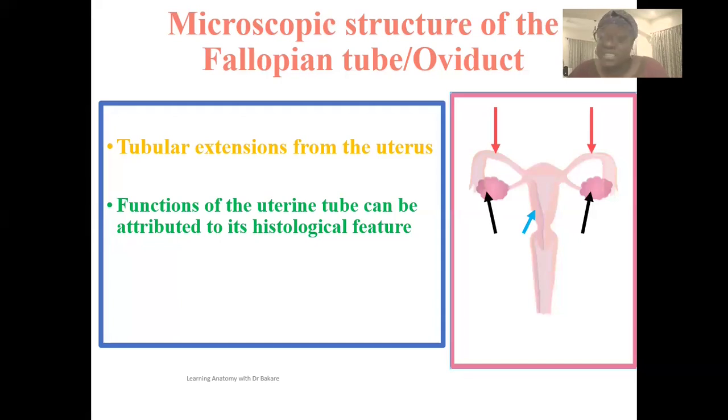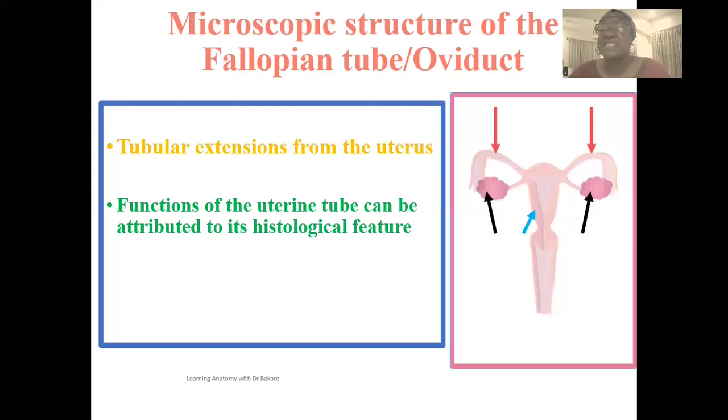And after the process of fertilization, it is still this same uterine tube that will allow for the movement of the fertilized egg and be directed into the uterus. And they are also seen to be responsible for nourishing the oocyte and also the sperm cell. And also after fertilization, they are also seen to provide nourishment for the fertilized egg, which is the zygote. So they are responsible for movement and also providing nutrients for the structures that are located within it.